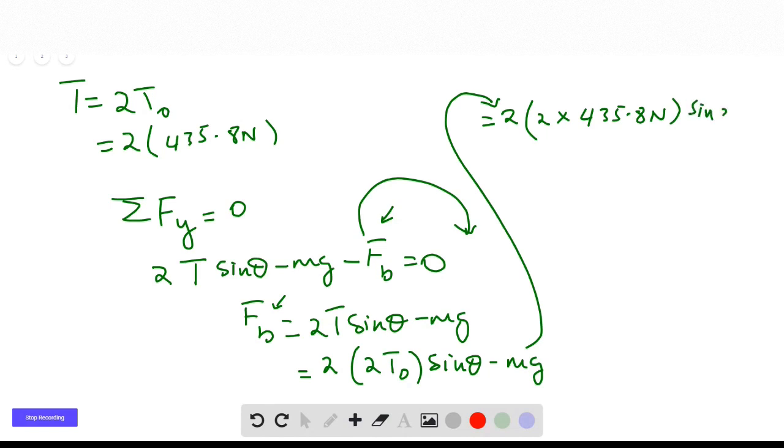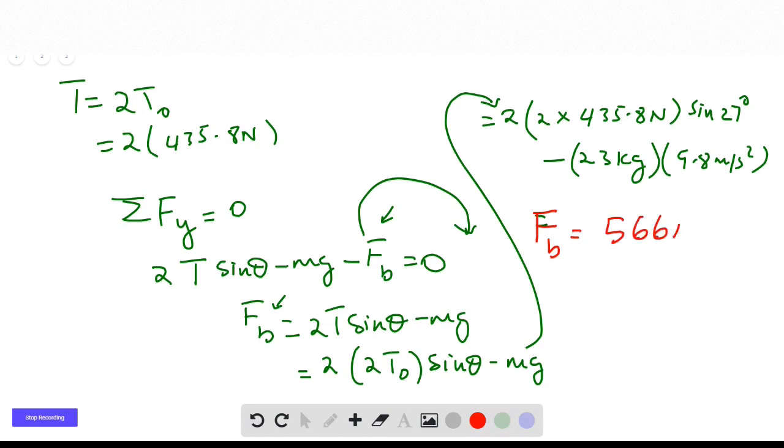Sine of theta changes from 15 degrees to 27 degrees because now the bear is pulling downwards. And then we subtract the weight of the backpack, 23 kilograms times 9.8 meters per second squared, and we're going to see that the force supplied by the bear is going to become 566 newtons when you simplify that.